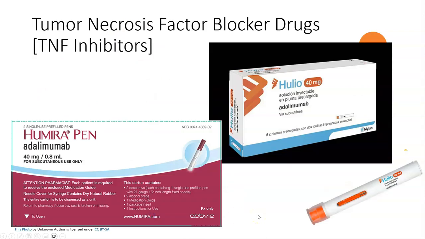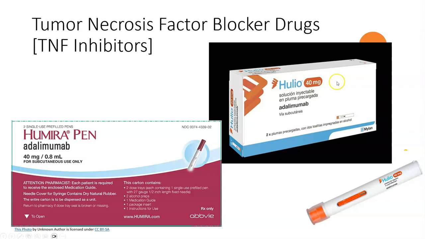Now, TNF inhibitors, again, these are adalimumab. This ends in MAB. A TNF inhibitor blocks tumor necrosing factor, which is a chemical that can cause inflammation. When it's working normally, it identifies and breaks down blood cells and foreign cells in our body, and it does really good. But when it's not working properly and it becomes autoimmune, it starts attacking our own cells, even our joints, like with rheumatoid arthritis.